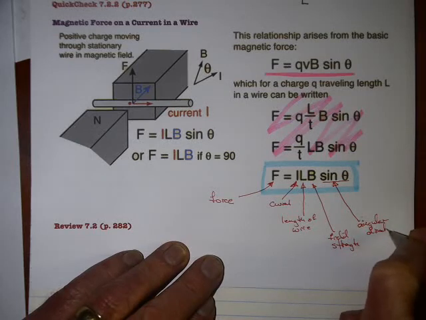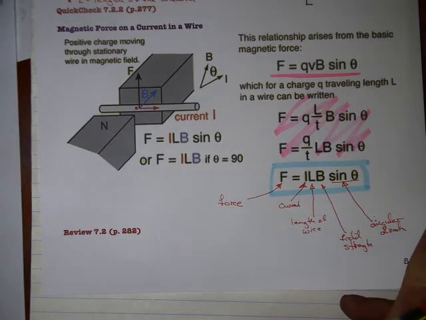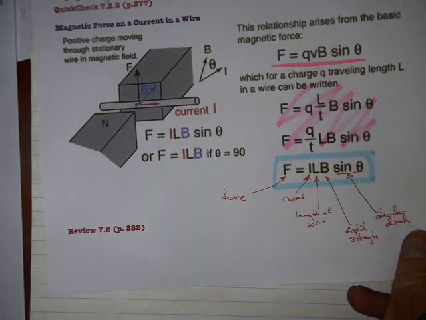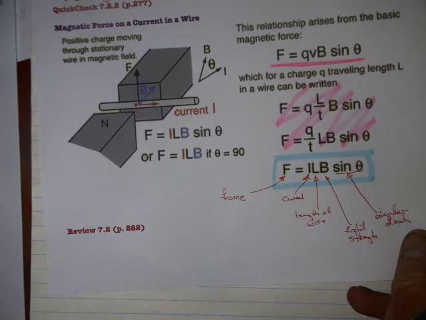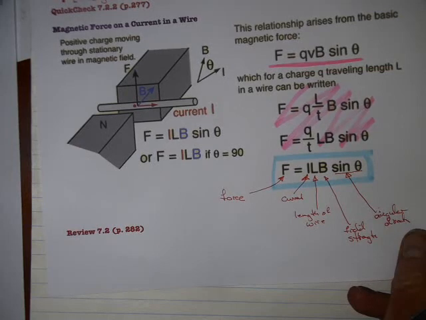Now it turns out that the textbook doesn't even give you any quick check for this. It just goes right into review 7.2. So I'm not going to spend a lot of time on this now. We're already at 35 minutes.